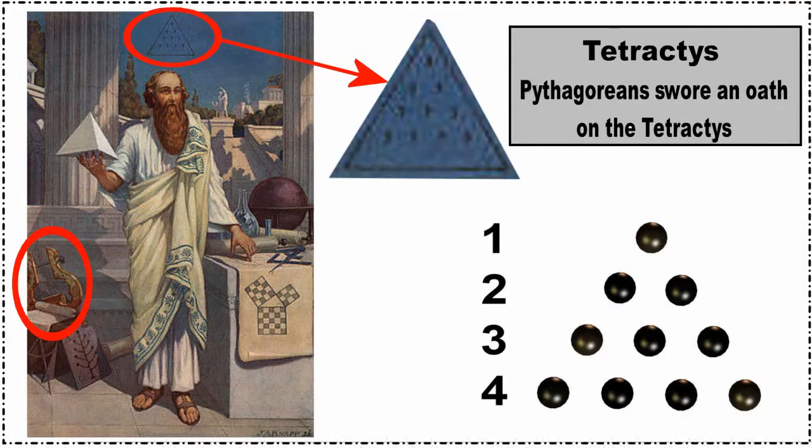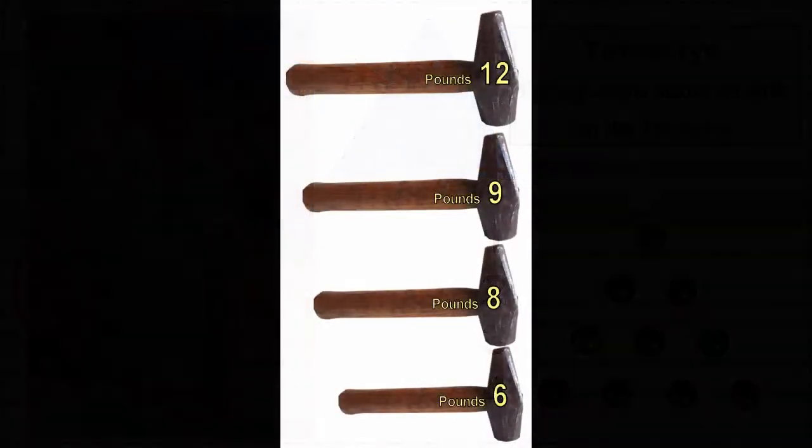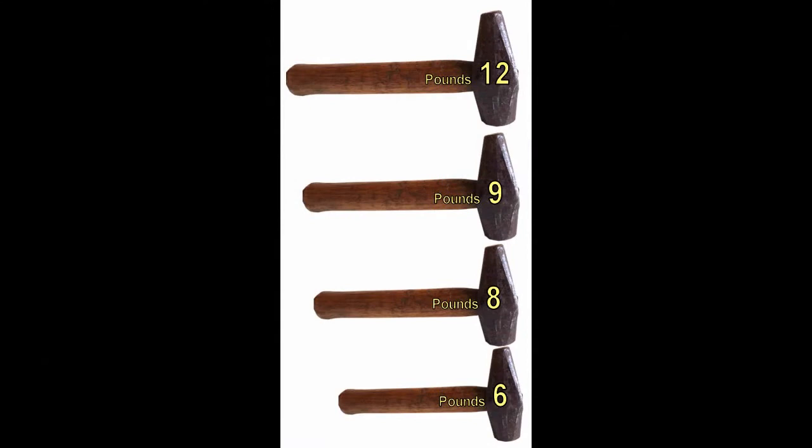Okay, so back to it. We see the lyre, a musical instrument, and the tetractys. How does that connect to the Pythagorean hammers, the famous hammers from the blacksmith shop? Well, 12, 9, 8 and 6 pounds were those weights.